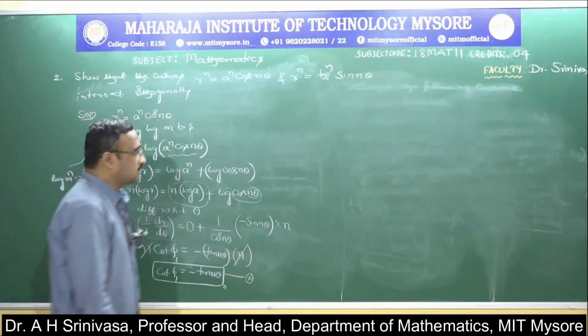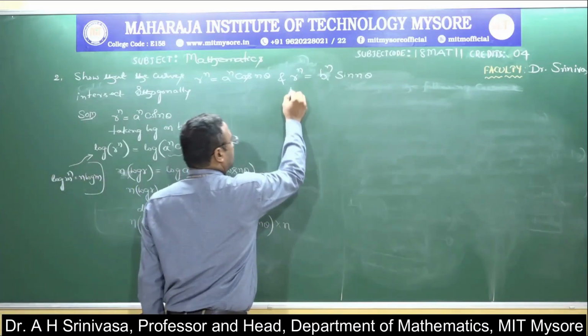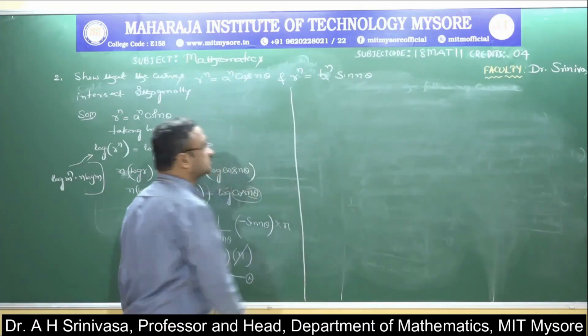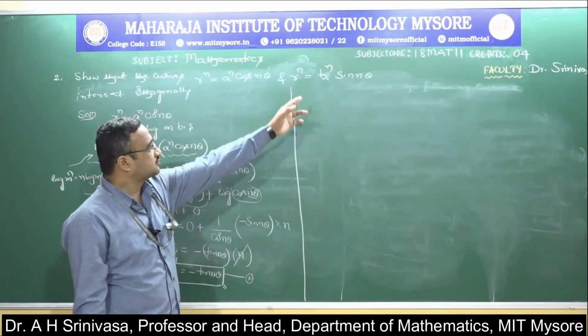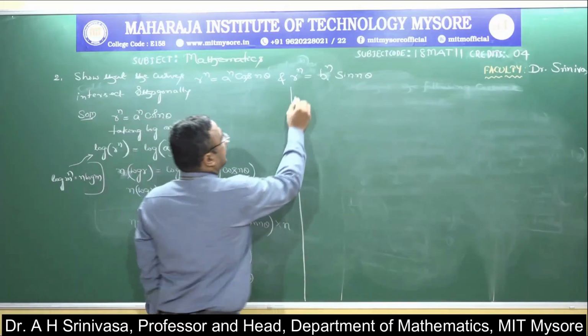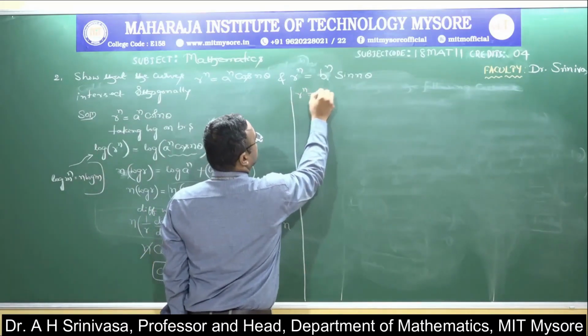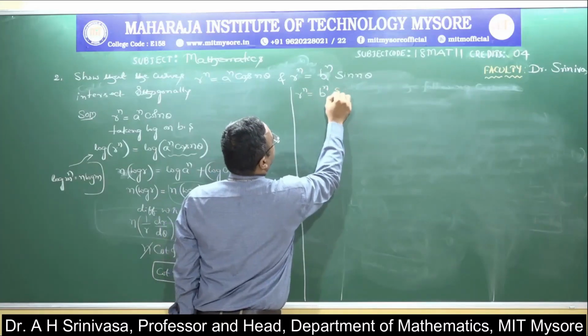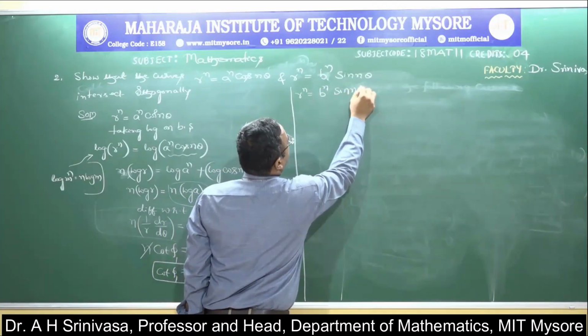The same procedure we adopt for the second equation. So again r^n should be equal to b^n sin n theta.